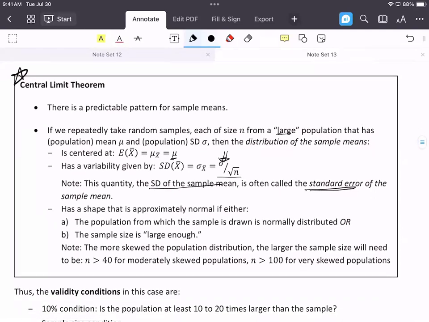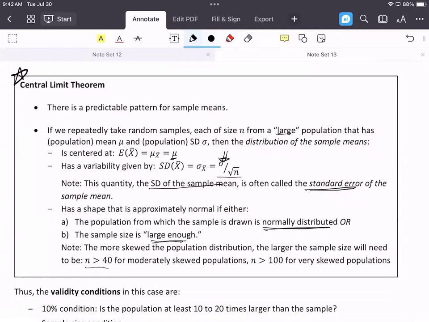We can say that the shape is approximately normal if either of these two conditions apply. If the population from which the sample is drawn is normally distributed, which we would pretty much have to be told, or if the sample size is large enough. Large enough, well, what do you mean? The more skewed the population distribution, the larger the sample size will need to be.